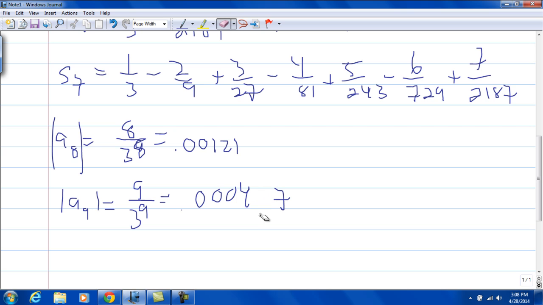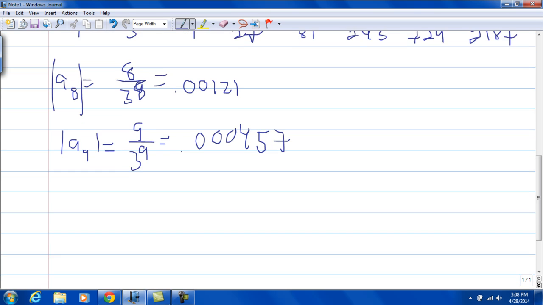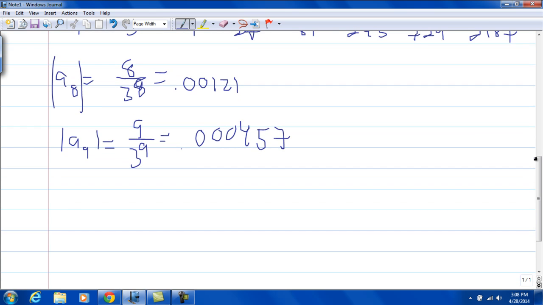So if I go that far, we might want to instead look at this as a remainder for the 8th term, which is going to be equal to the absolute value of the actual sum minus the sum of the first 8 terms, which will be less than or equal to, so what we're saying is the remainder is less than or equal to our A9, which is approximately 0.000457.